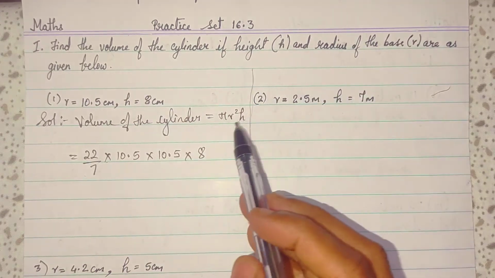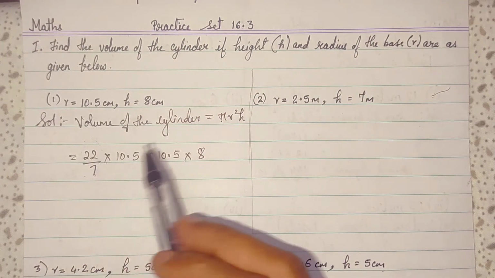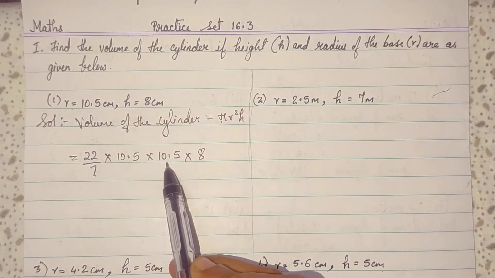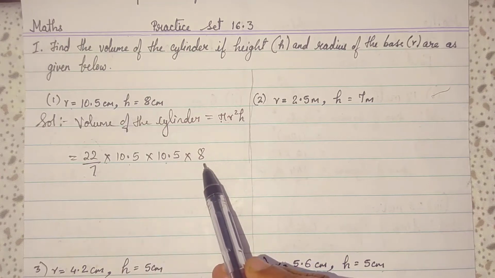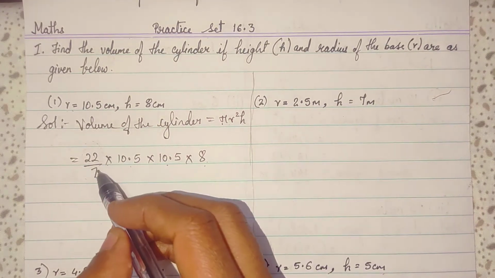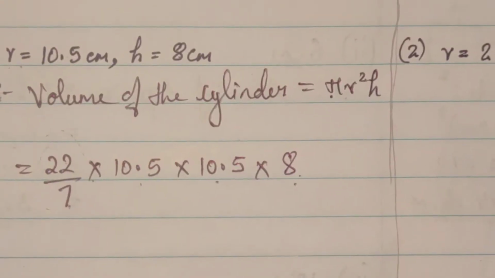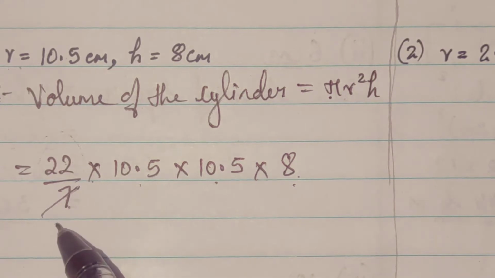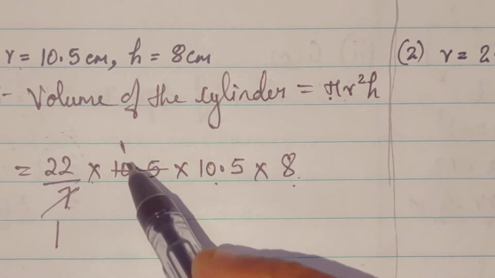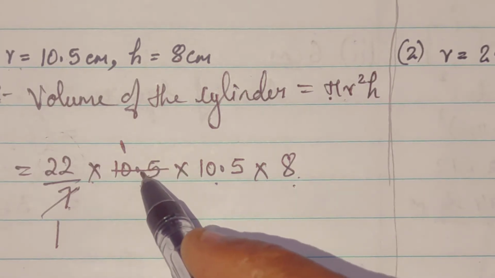h is 8. See pi. The fixed value of pi is 22 upon 7. r square means the radius multiplied twice, and height is 8. Now cancellation. So see 7 ones are 7, 7 ones are 7, meaning 7 minus from 10, so 3 remaining.